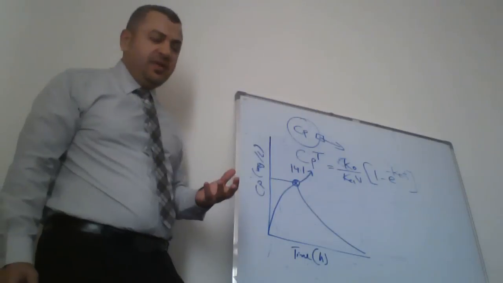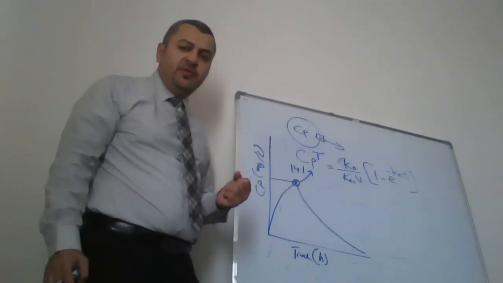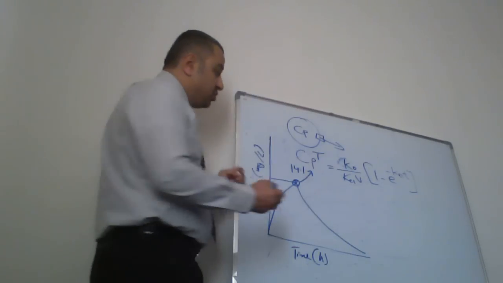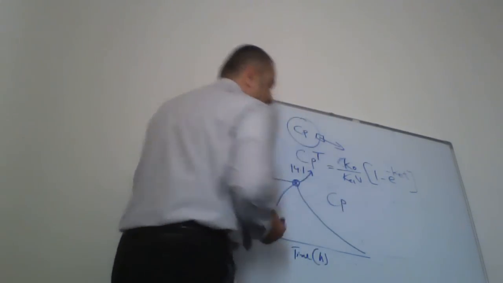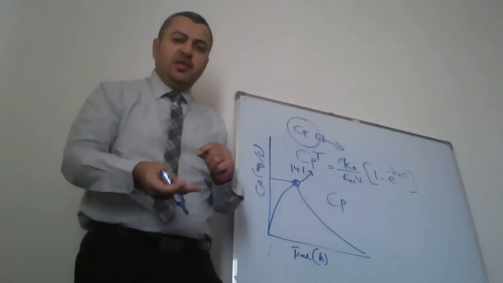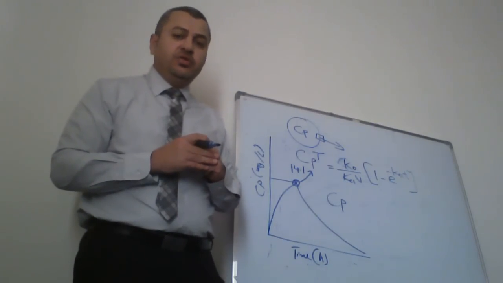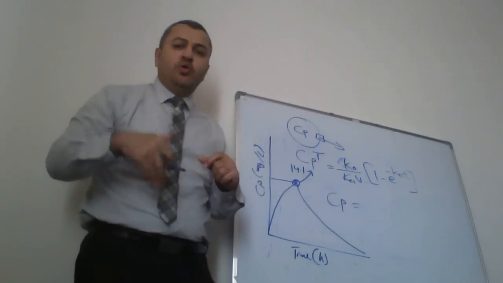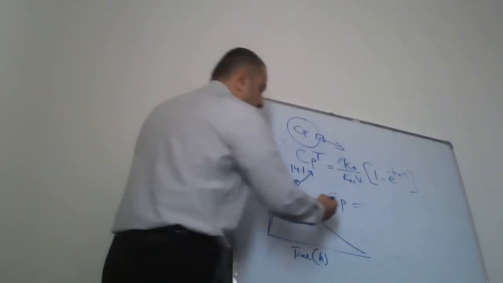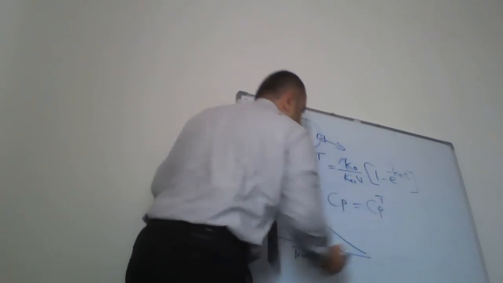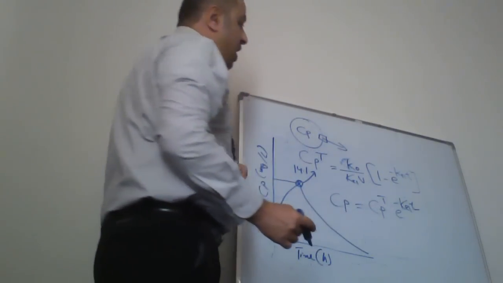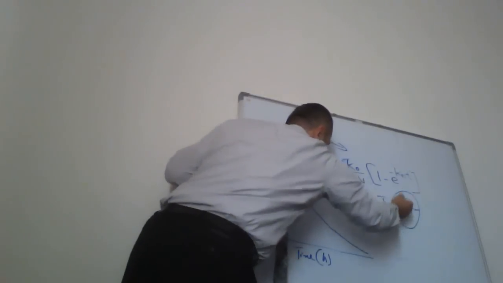What happens after that? As I said, you have a mono-exponential decrease in concentration. So if you want to calculate the concentration at any time following stopping the infusion, I'm talking here about post-infusion, you need to multiply your CPT capital by e to the power of minus Kel T. Now, e to the power of minus Kel T is the fraction remaining.